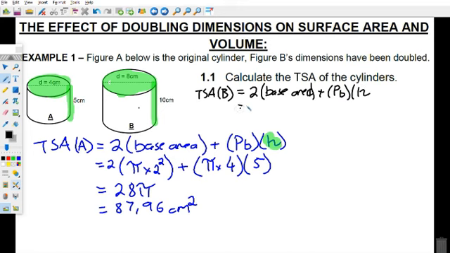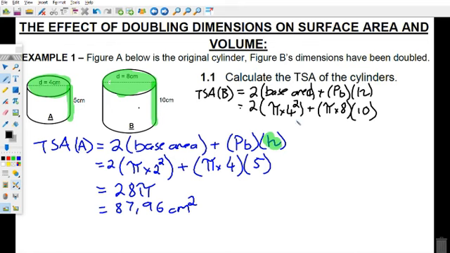We plug that in: 2 times pi, and my diameter here is 8, so my radius is 4. So it's 4 squared. Then we add the perimeter, pi times 8, multiplied by my height, which is 10. Do you see, the diameter has gone from 4 to 8, my height's gone from 5 to 10, so we've doubled our dimensions.